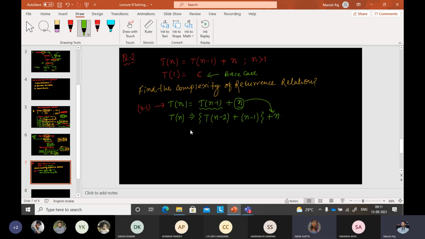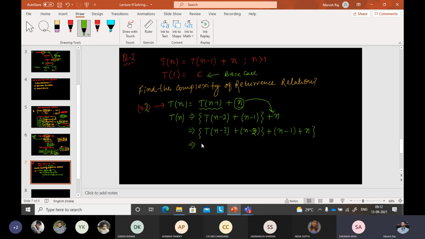Yes. For the next step, I am putting n-2 here. If I put n-2, this will be Tn-3 plus n-2, but two terms will be there again: n-1 and n. So this type of situation will occur.